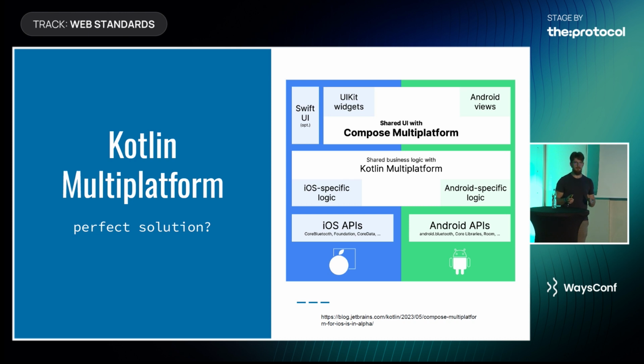The UI is actually in an early development stage, this sharing UI. Then you would delegate UI code to SwiftUI. This is a framework for creating views on iOS. And on Android, with the same code, you would create Android UI.